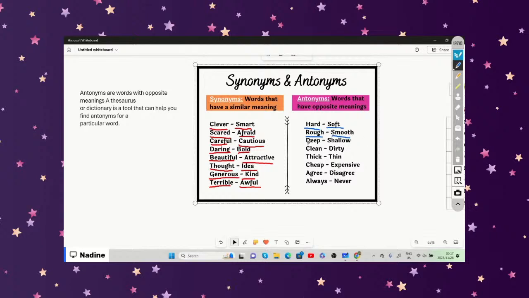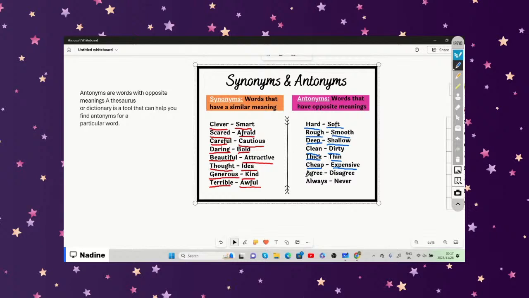If something is not deep, like the ocean, then it's shallow, like the front of the pool that we swim in. If something is not clean, then it is dirty. Not thick, then thin. Not cheap, then expensive, because it's the opposite.